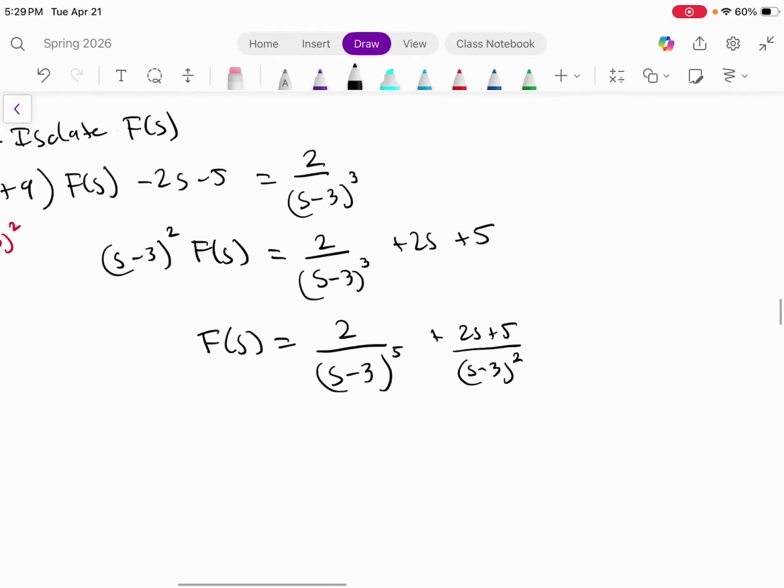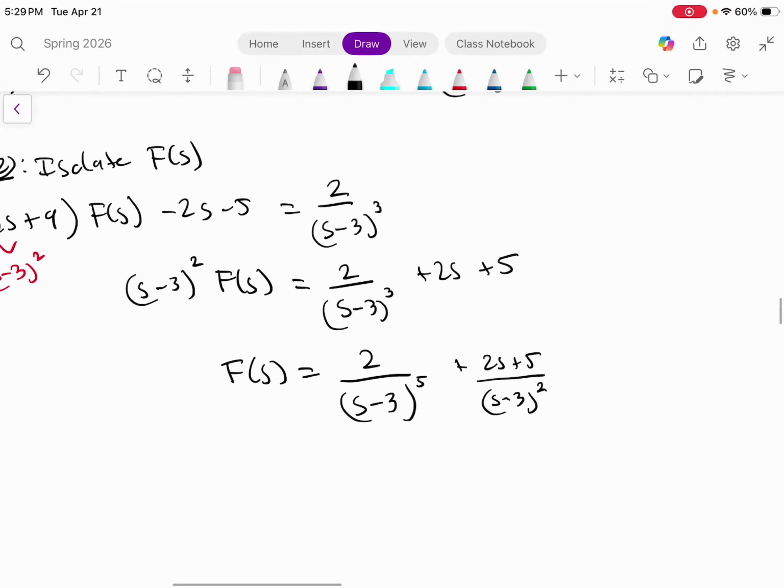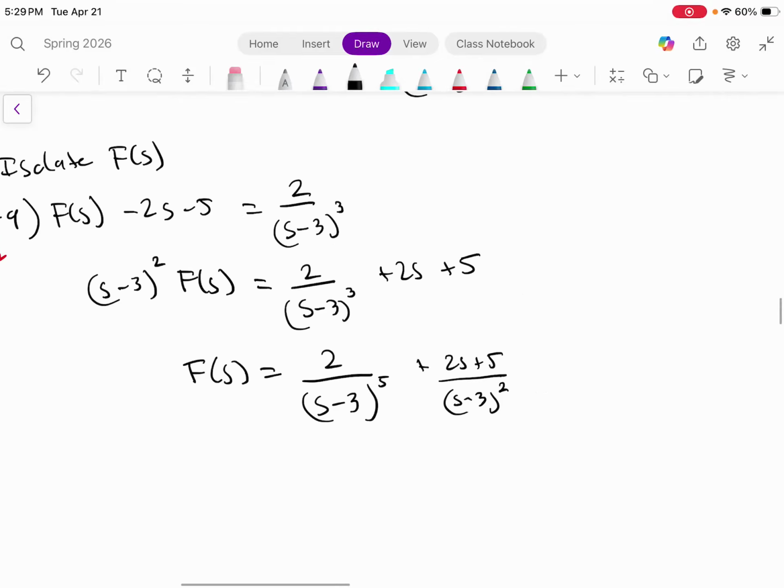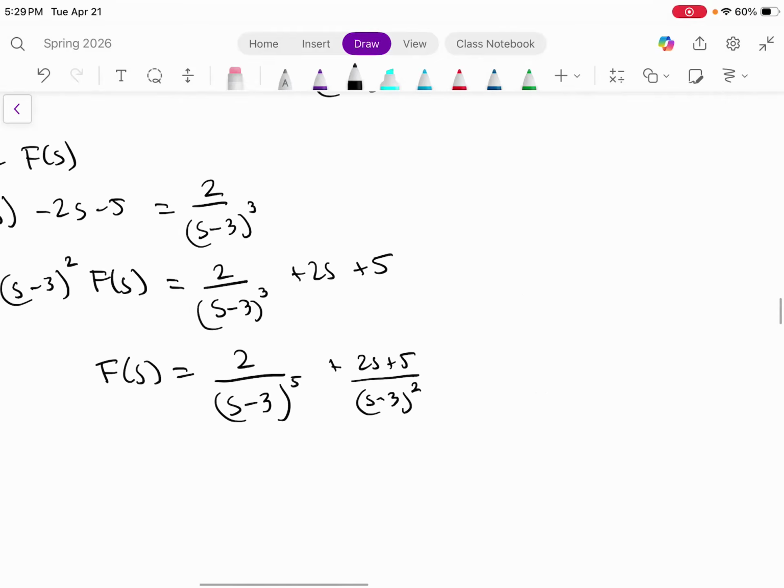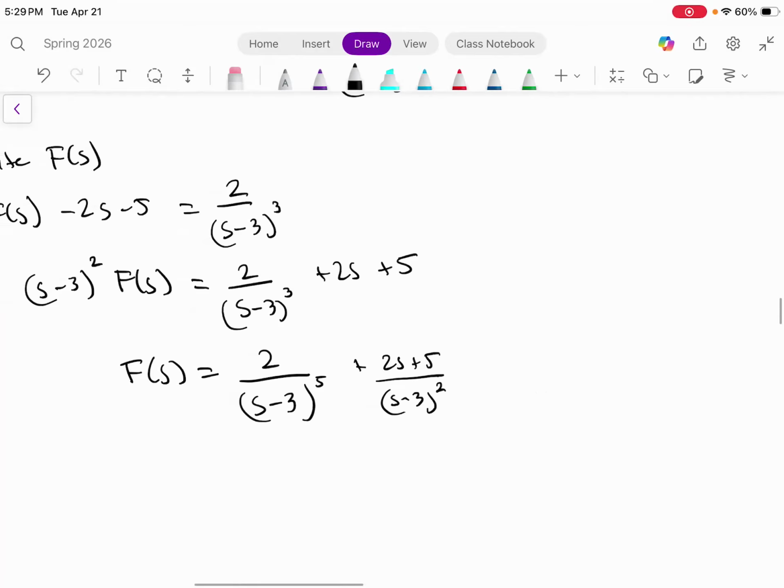Okay, so this is what we're left with. If you can recall, that 2s plus 5 over s minus 3 squared is actually a problem we've seen before.